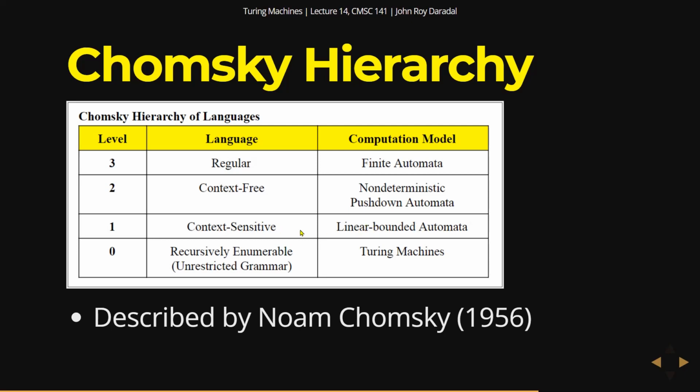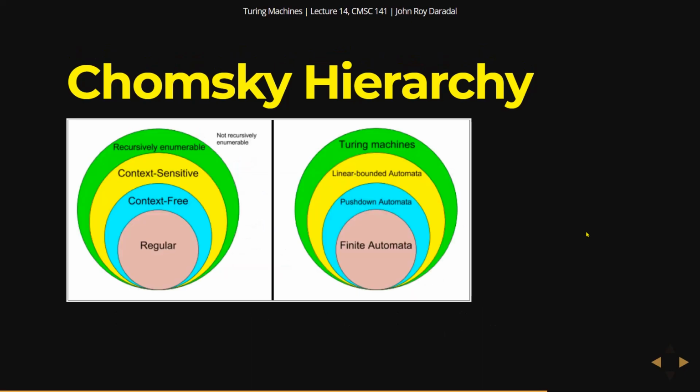We did not discuss this, but there exists a language class called context-sensitive languages. And then finally, the most general of all is recursively enumerable languages, which uses unrestricted grammars, and the computation model is the Turing machines. Okay, so we have here the illustration for the Chomsky hierarchy.